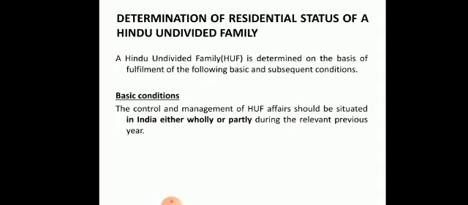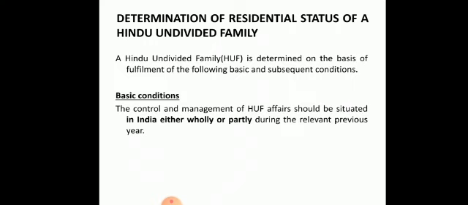Determination of residential status of a Hindu undivided family. The residential status of a Hindu undivided family is determined on the basis of fulfillment of the following basic and subsequent conditions. Let us understand the basic condition.